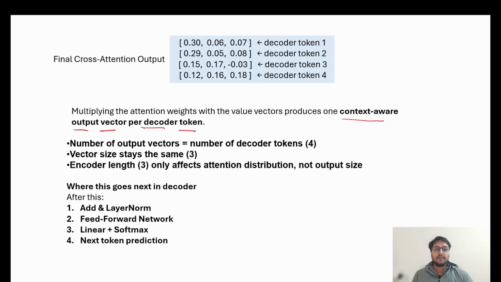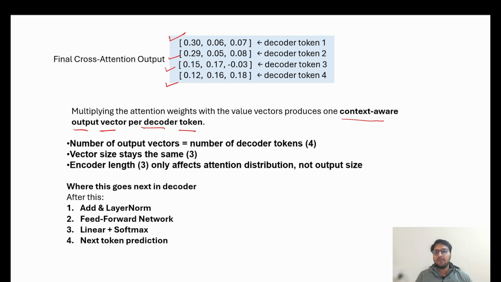These vectors are context aware, they carry the information of the encoder output, and this is what we wanted to achieve. Cross attention is basically the bridge between the encoder and decoder. It helps us use the encoder's output information.